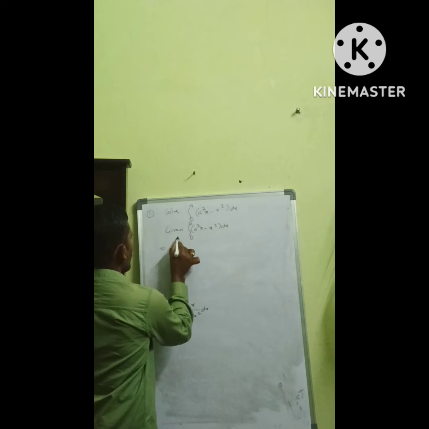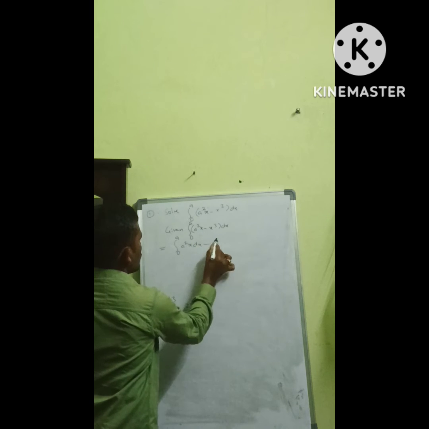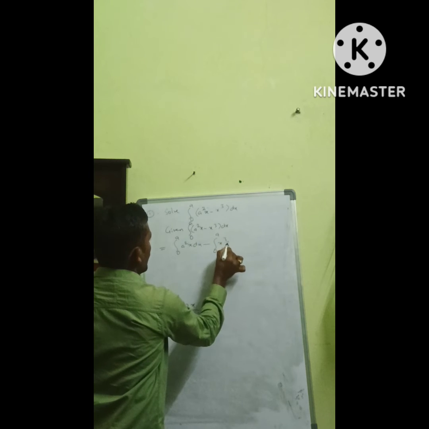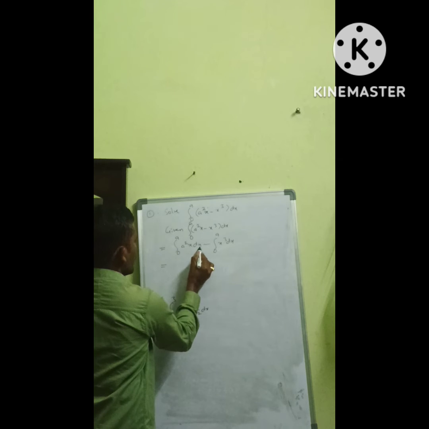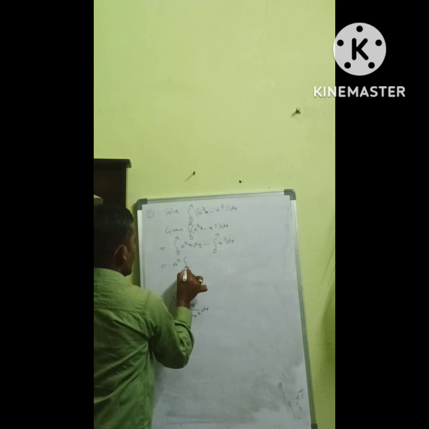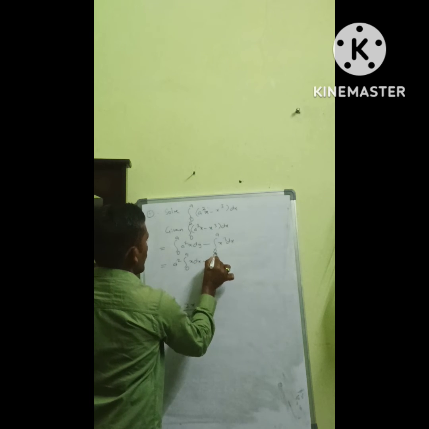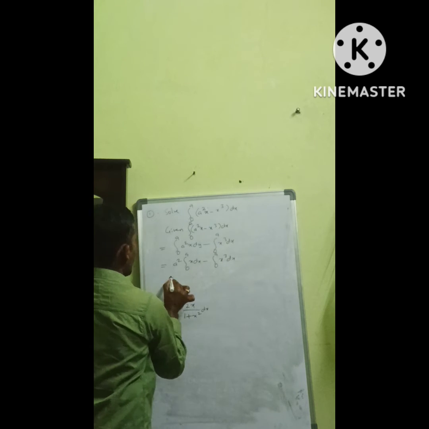So integral 0 to a of a square x dx, minus integral 0 to a of x cube dx. a square is a constant, and we are integrating with respect to x only, so I am taking it outside, because it does not impact that term. So a square times integral 0 to a of x dx, and here there is no coefficient other than 1, so that's why I am taking it like this.